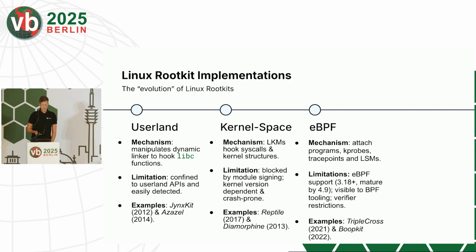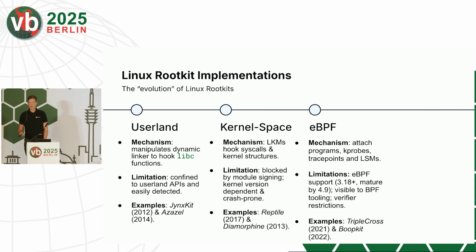Attackers can attach eBPF programs to kprobes, tracepoints, and Linux security modules to hook and intercept or manipulate any behavior that they want, achieving effects similar to the loadable kernel module. eBPF was implemented in Linux 3.18, and it matured around 4.9.